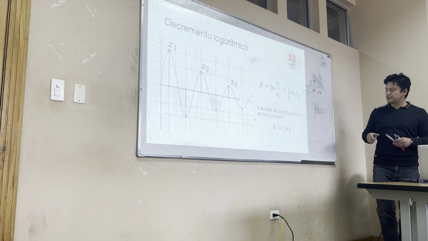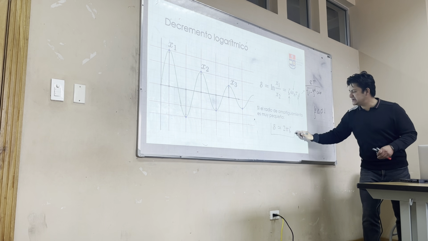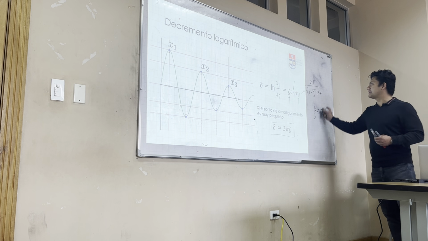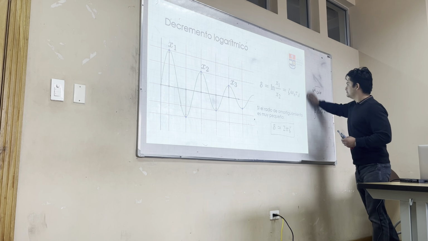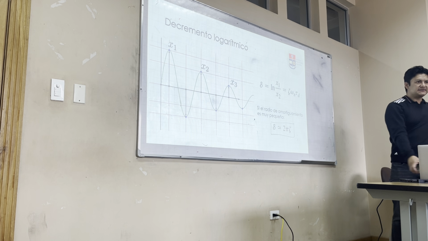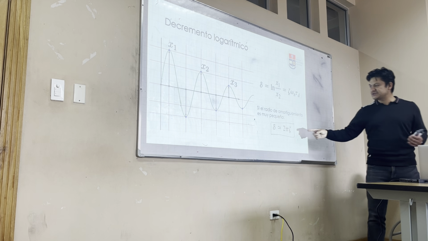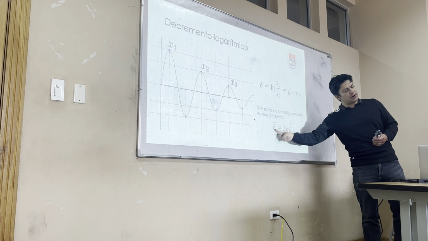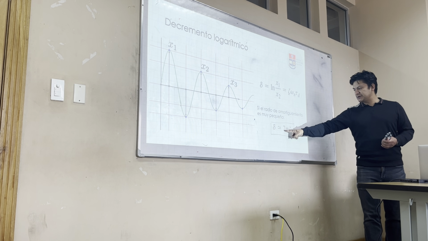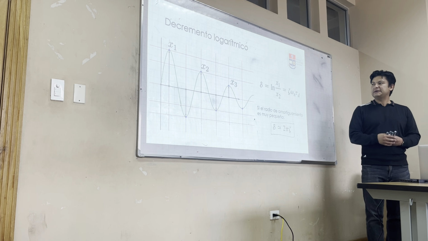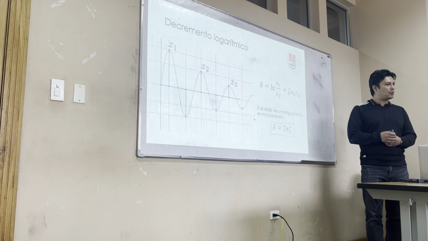So therefore, we can end up with this very simplistic form of the logarithmic decrement. I believe this is well understood, isn't it? In order to find this logarithmic decrement, you just multiply 2 pi times this factor that you can calculate, and that's it. But the problem is that you don't do it in that way.